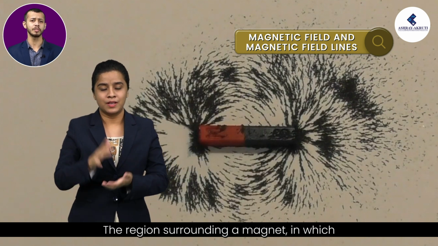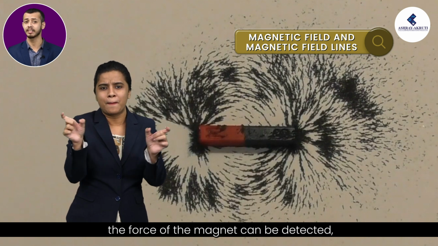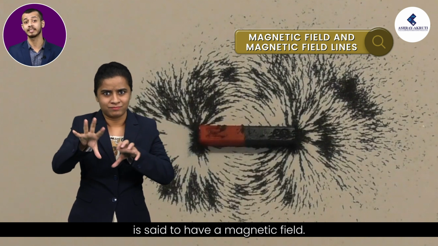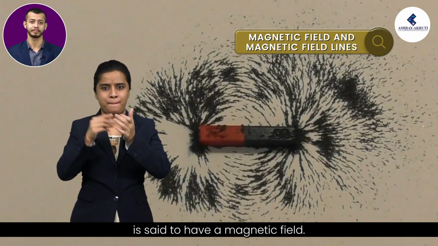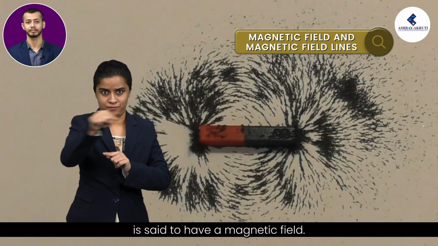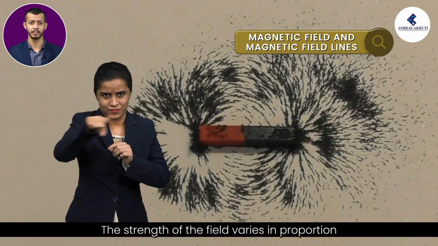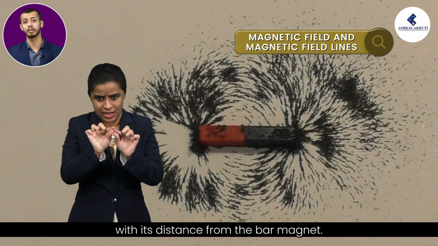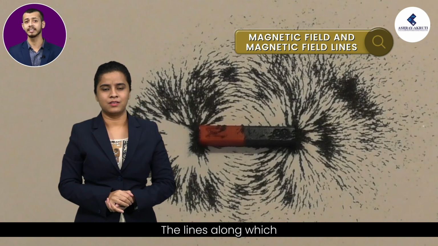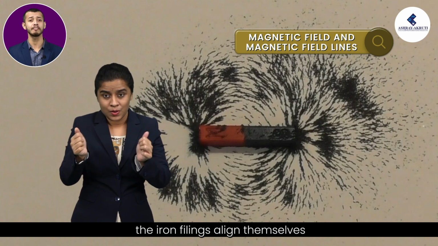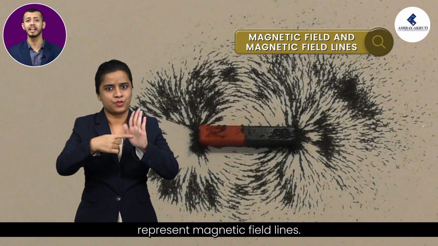The region surrounding a magnet in which the force of the magnet can be detected is said to have a magnetic field. The strength of the field varies in proportion with its distance from the bar magnet. The lines along which the iron filings align themselves represent magnetic field lines.